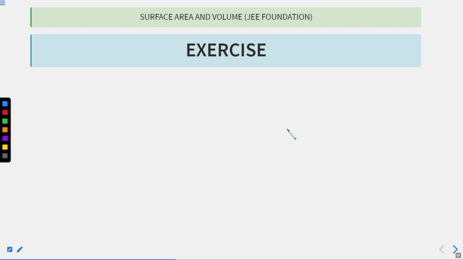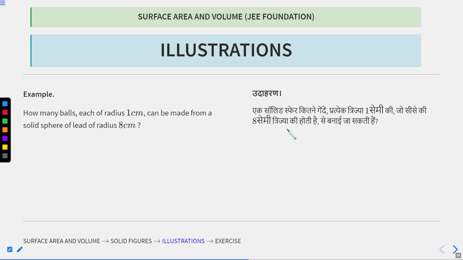Our first question says: how many balls, each of radius 1 centimeter, can be made from a solid sphere of lead of radius 8 centimeters?